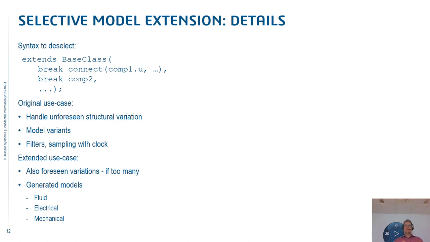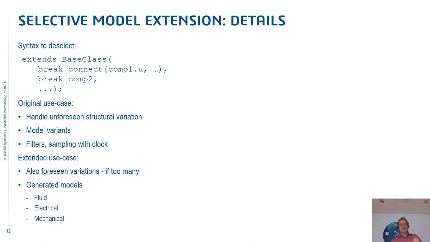It's just too many, so you can't really support for more. And that's especially true for generated model, like fluid, electrical, and mechanical, because you just want to have a simple overview of what has happened, but still want to add control system and other things that are not part of the original mechanical or electrical model.